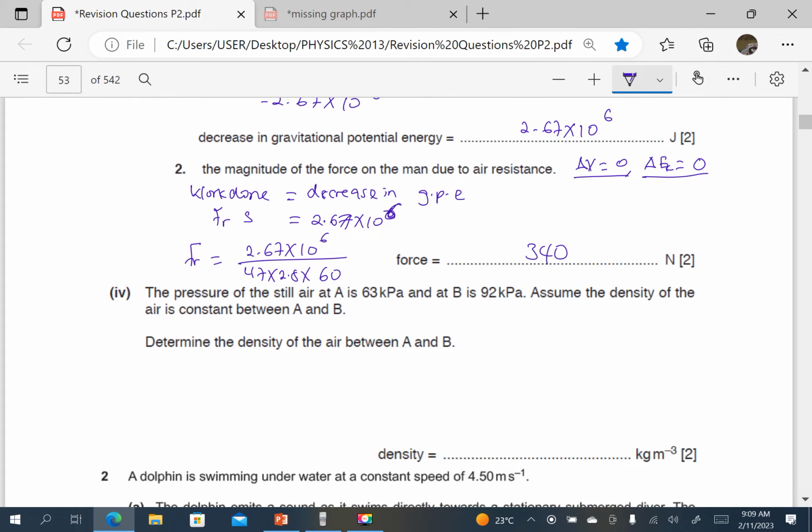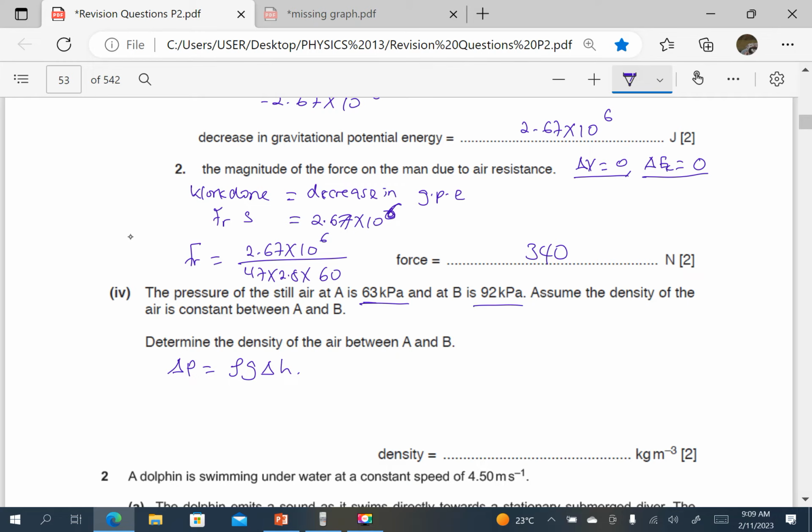The pressure of the air at A is 63 kilopascals and at B is 92 kilopascals. Assume that the density of the air is constant between A and B. Determine the density of air between A and B. We know that the difference in pressure is equal to density times g times difference in height h.